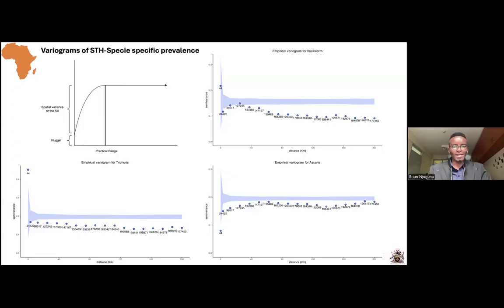So one of the ways to investigate whether your data set actually exhibits this spatial structure is by using a tool known as the empirical variogram, which is given in an example here. On the x-axis, we usually have the distance between your locations, and on the y-axis, we usually have something known as the semivariance, or basically the dissimilarity.